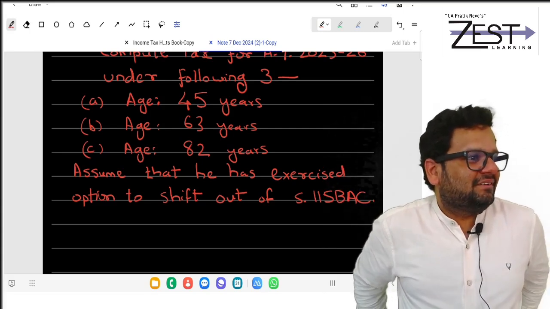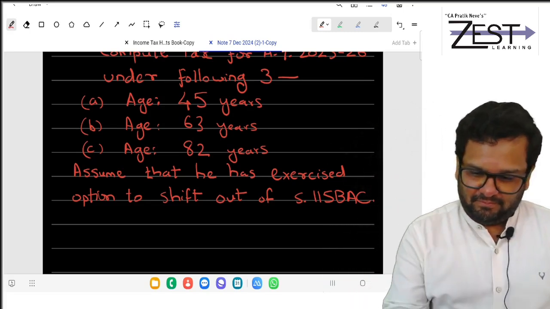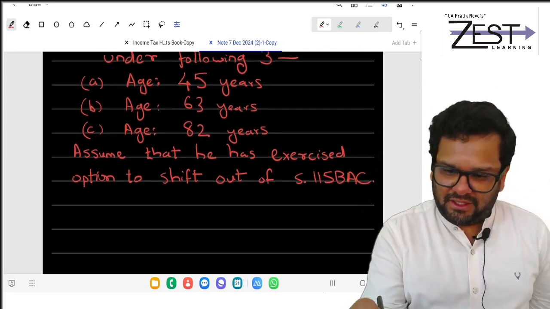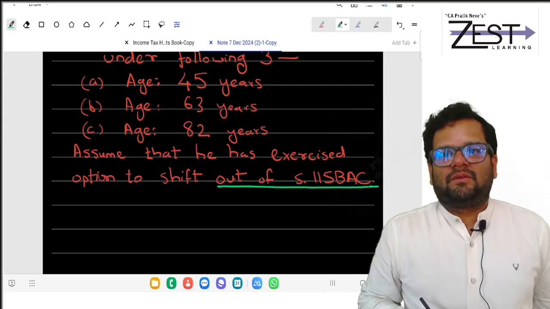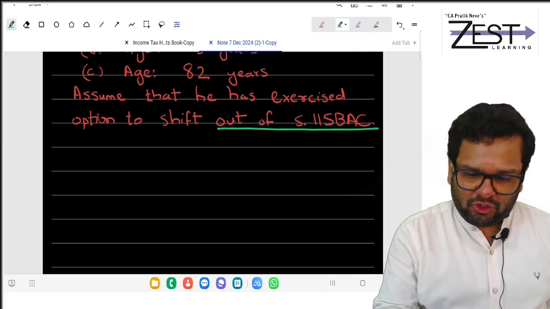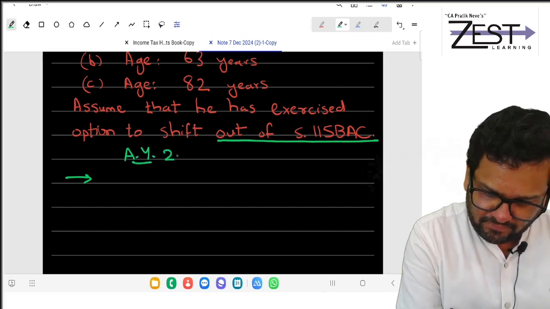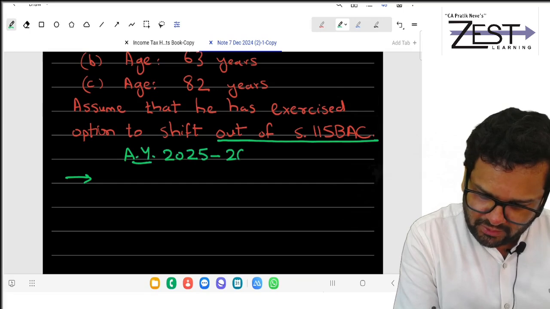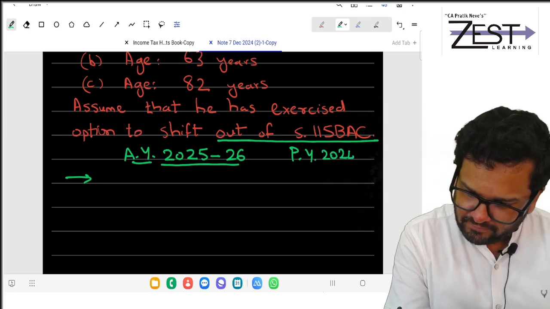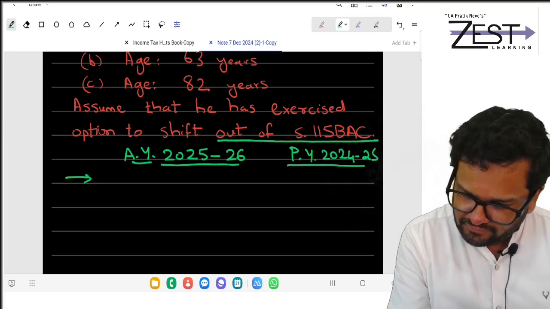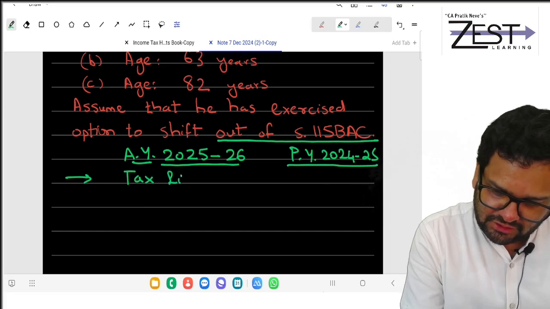Age doesn't matter in 115 BAC. Anyways, now you are out of 115 BAC. Double underline that. So accordingly, you will now apply. First, what you want to do? So everything is for AY 25-26, which is relevant to PY 24-25. Okay, tax liability calculation.